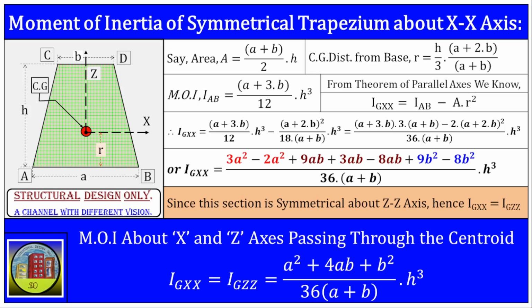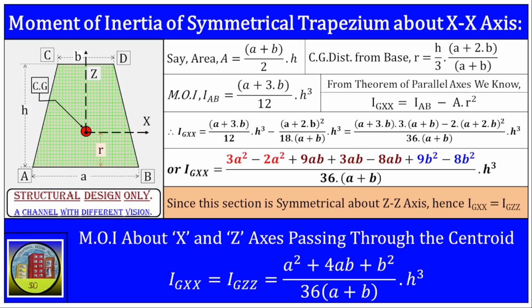Further simplifying, we obtain IGXX equals to, within bracket, 3a square minus 2a square plus 9ab plus 3ab, 8ab plus 9b square minus 8b square, bracket close into h cubed, by 36 into (a plus b).